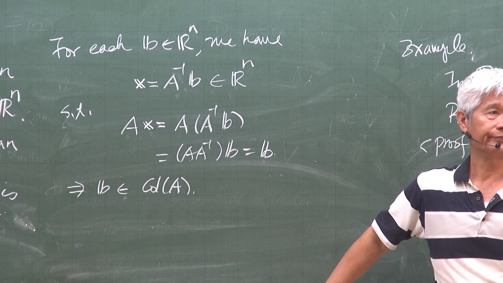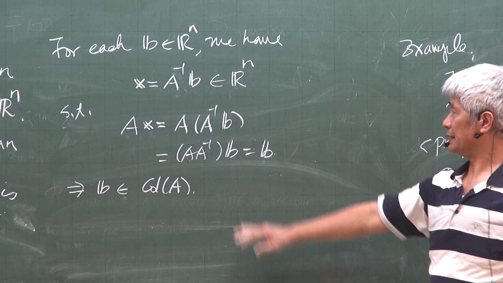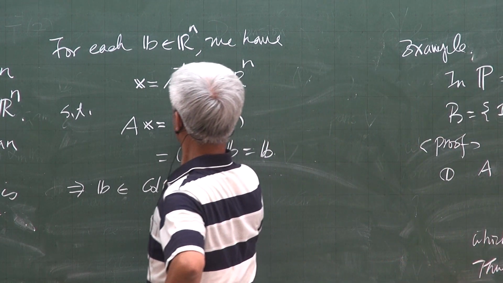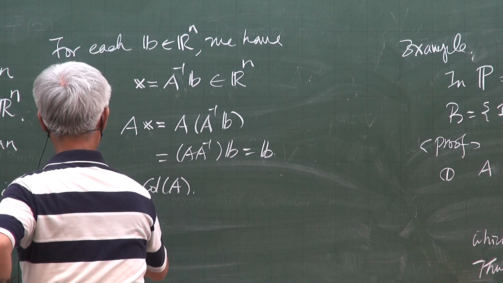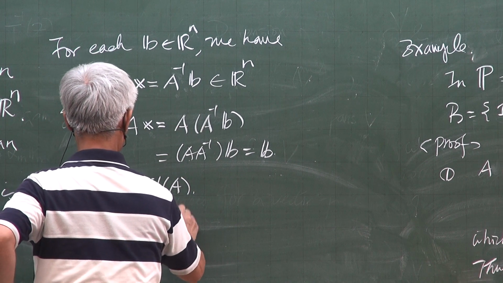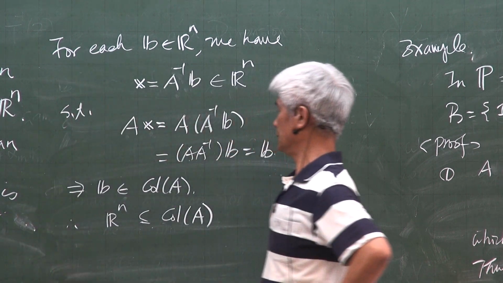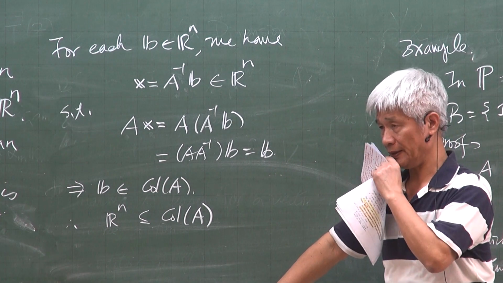Any questions? This proves that Rⁿ is contained in the column space of A.